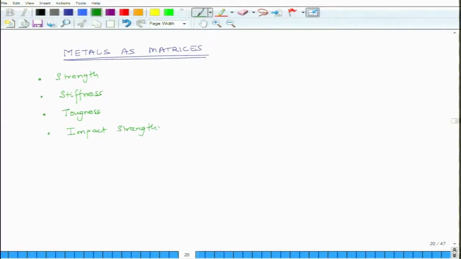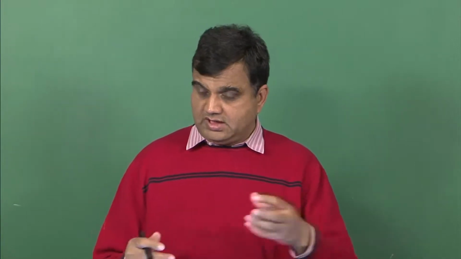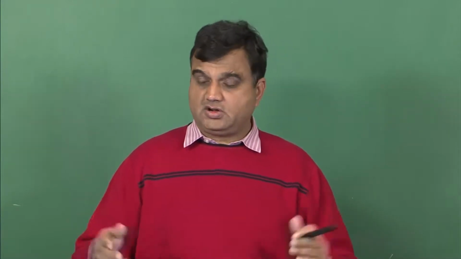A lot of these materials are ductile. So when something hits at a high speed, they deform, and once they deform plastically, they can take a lot of energy because they are tough. So they have a lot of impact strength, but a lot of these plastics, when you hit them, first thing, they are not strong, and then they crack. So they do not absorb a lot of energy.